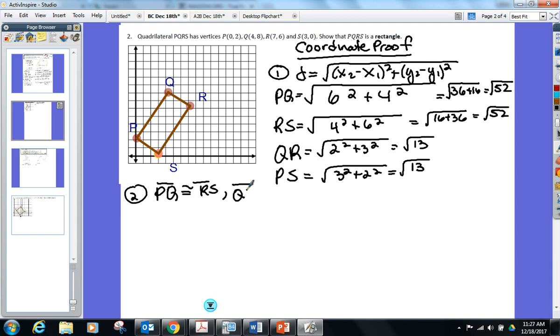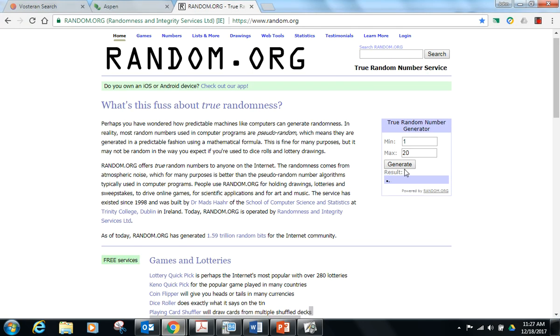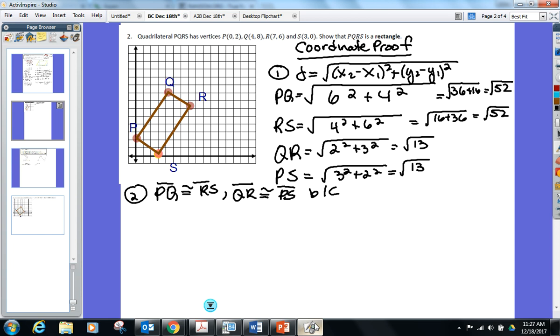QR congruent to PS, and you, of course, have to tell me why. How do I know those sides are equal to each other? Why are those sides equal? Because distances are equal. So after you show me your formulas, tell me what you know now about the sides.